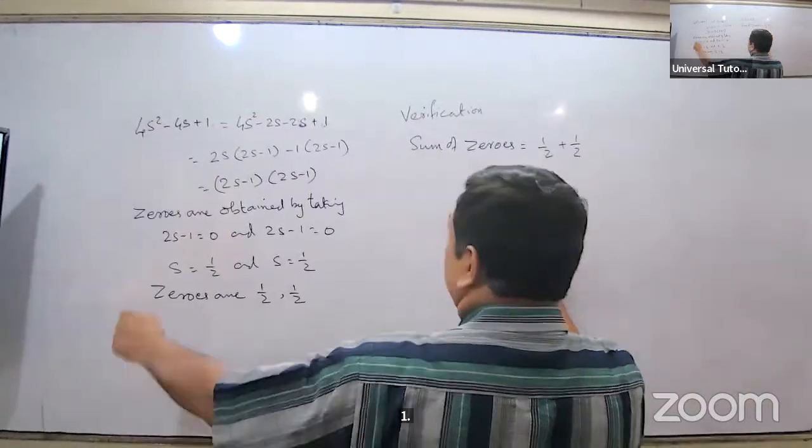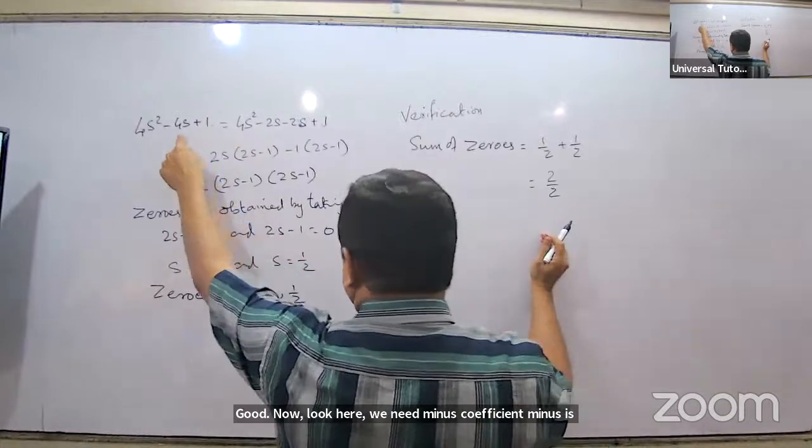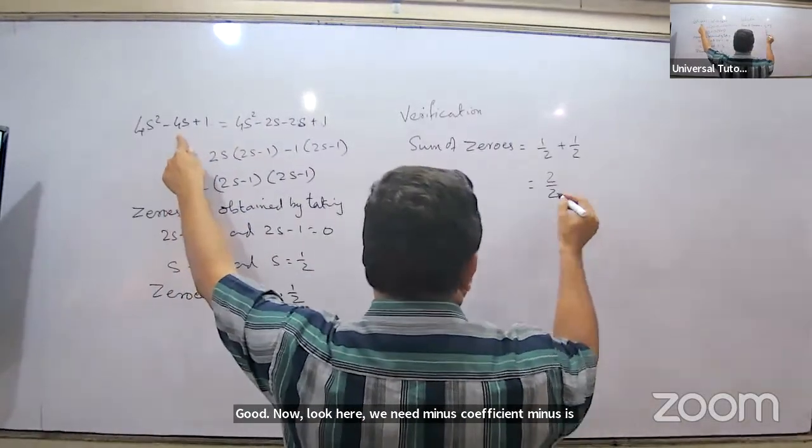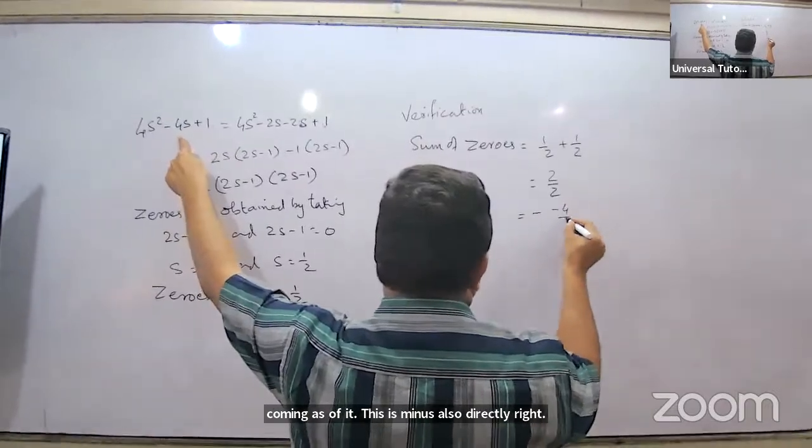Now, look here, we need minus coefficient. The coefficient is minus 4. So directly write this is equal to minus 4 divided by 4.